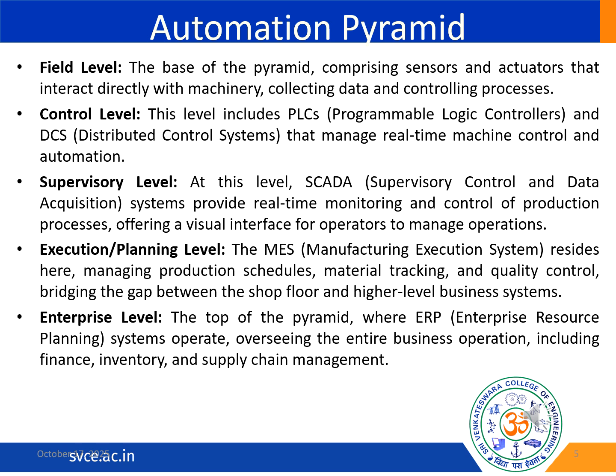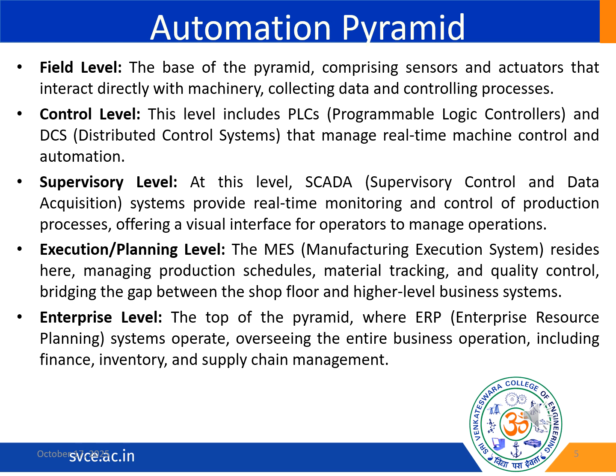In this level, we have a visual interface which is used by operators to manage all these operations. And in the fourth level, you will be handling the production schedules by using MES, that is Manufacturing Execution Systems.